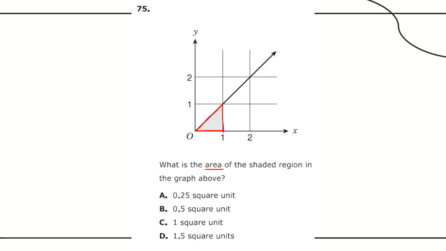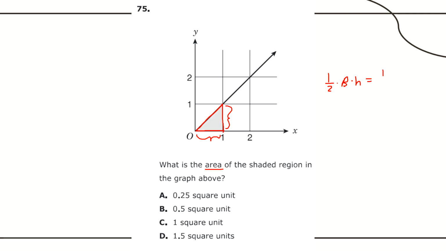So what we do is we label its base and height. So in this case, the base would be this, and this would be its height. So the area of a triangle is 1/2 base times height. And in this case, both the base and the height are 1.